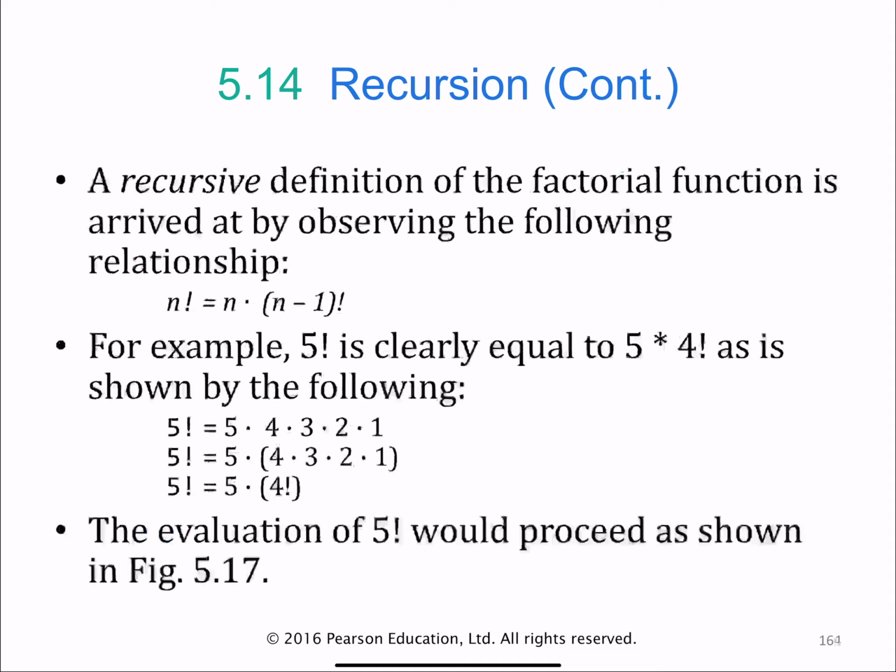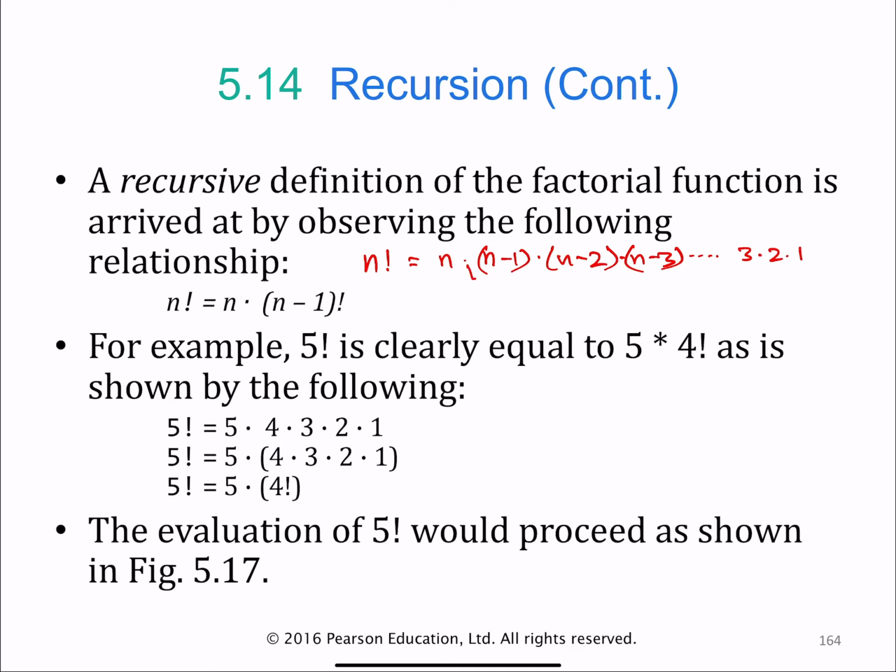Now, there is one understanding of how to compute the factorial using a for loop. There is nothing recursive about that. But an alternative understanding is this. Recall n factorial is n times n minus 1 times n minus 2 times n minus 3 times 3, 2, 1.